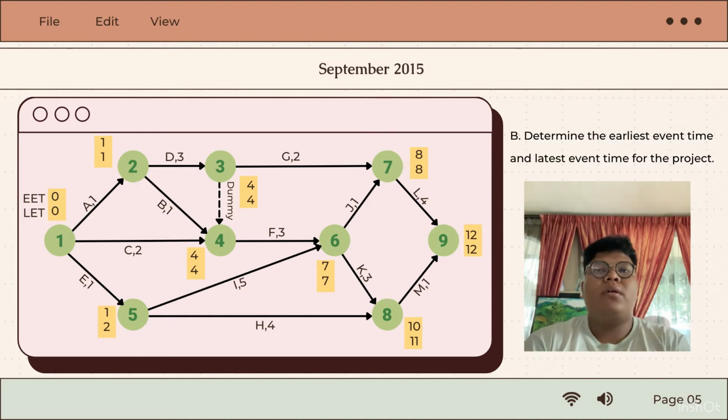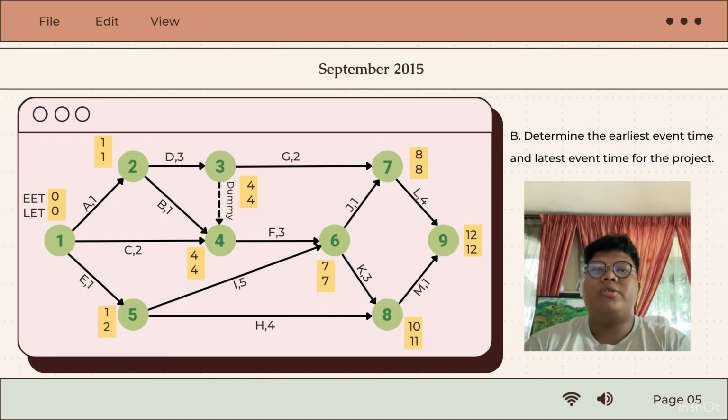For path 4, we get 4 because 7 minus 3 equals 4. For path 3, we get 4 because 4 minus 0 equals 4, instead of 8 minus 2 equals 6. Move along to path 2: 4 minus 1 equals 3 and 4 minus 3 equals 1.